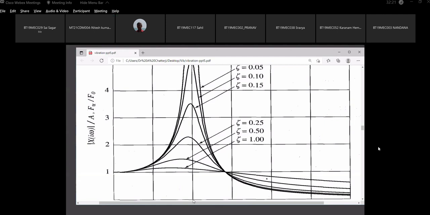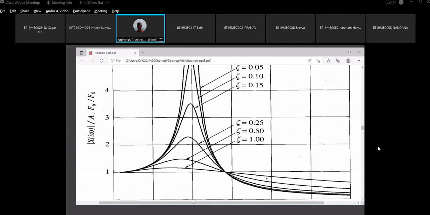Suppose it doesn't reach the solid length, then. Sir, but its absorption will be less. No. Suppose the spring has sufficient range for compression. Solid length is not a problem.